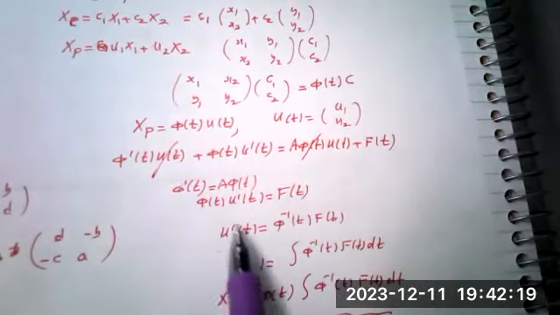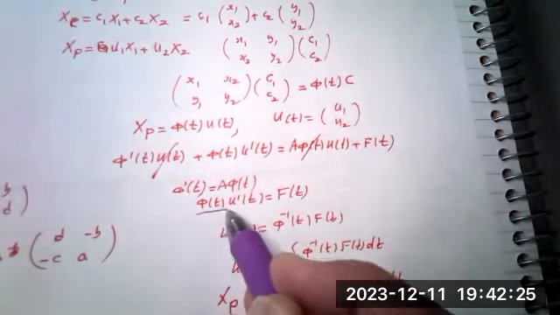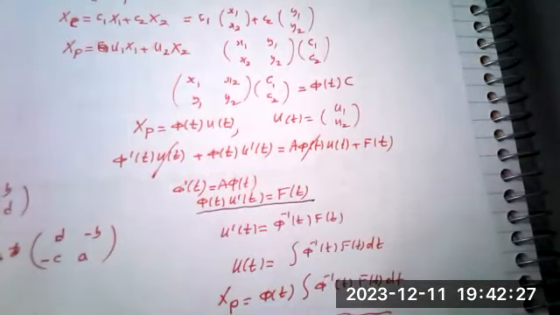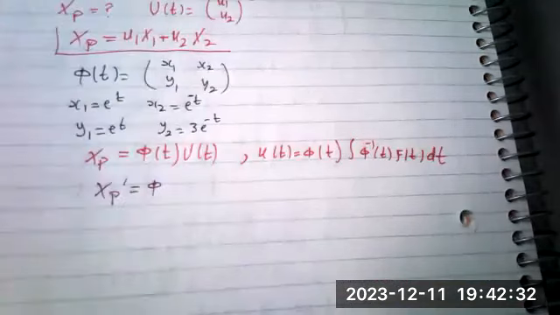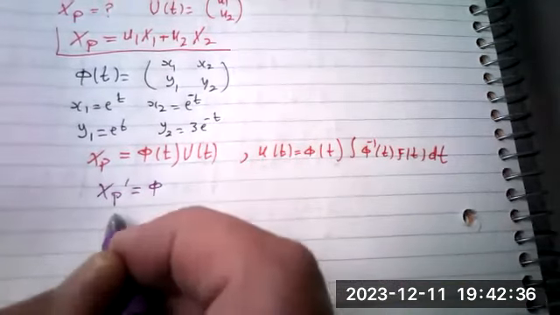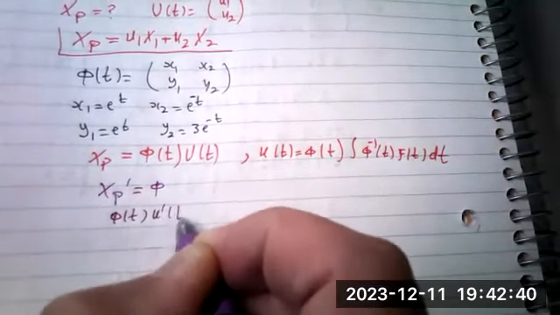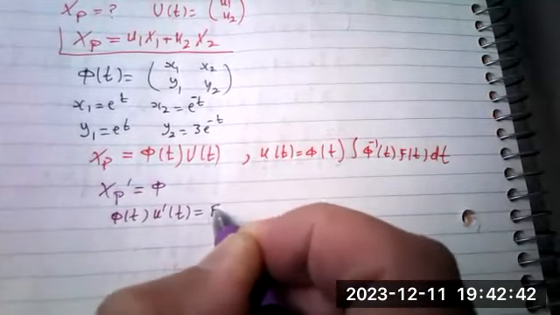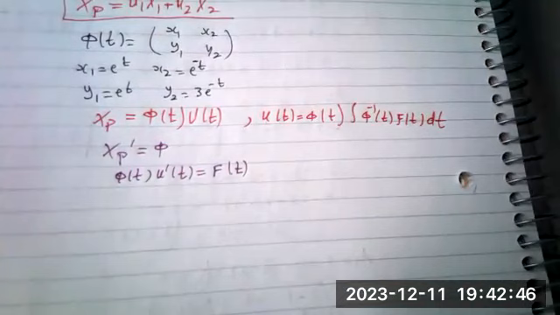You see phi of t u of t, and this is where you just take it to the other side. And the result was the one that we talked about. I just show you again: what we did is phi of t times u prime of t equals f of t. That was the way we did it.